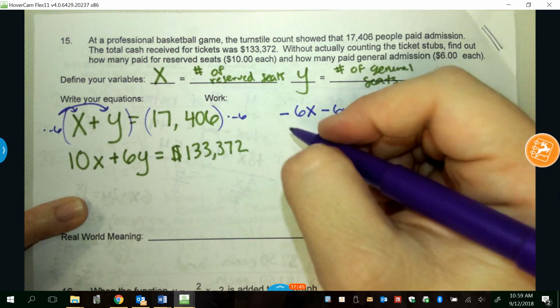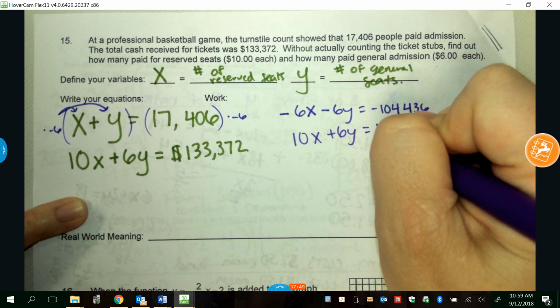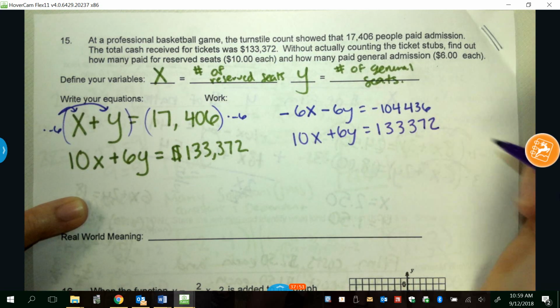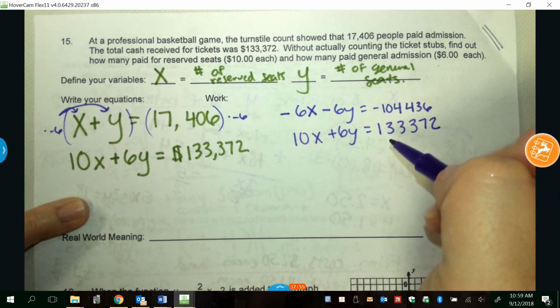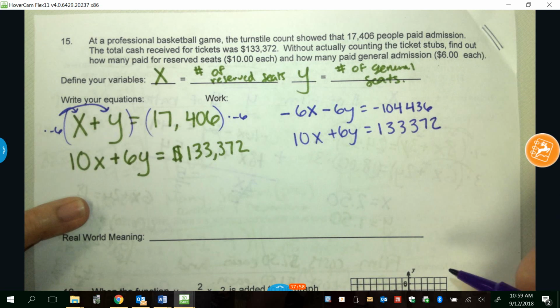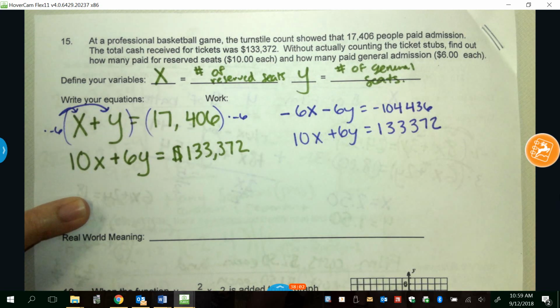I'm going to rewrite the bottom equation. 10x plus 6y equals 133,372. Now, I kind of like that we use this method on this one because it's going to make these numbers all smaller, because of the negative and the positives. So, big addition.